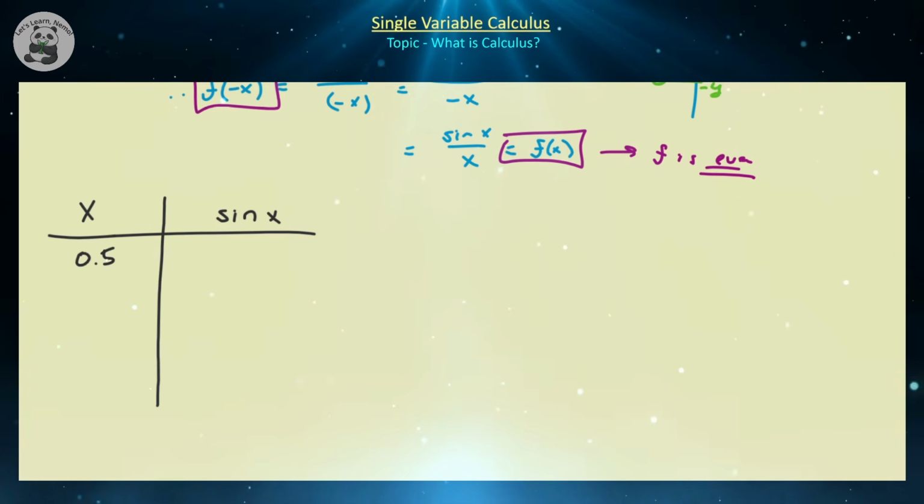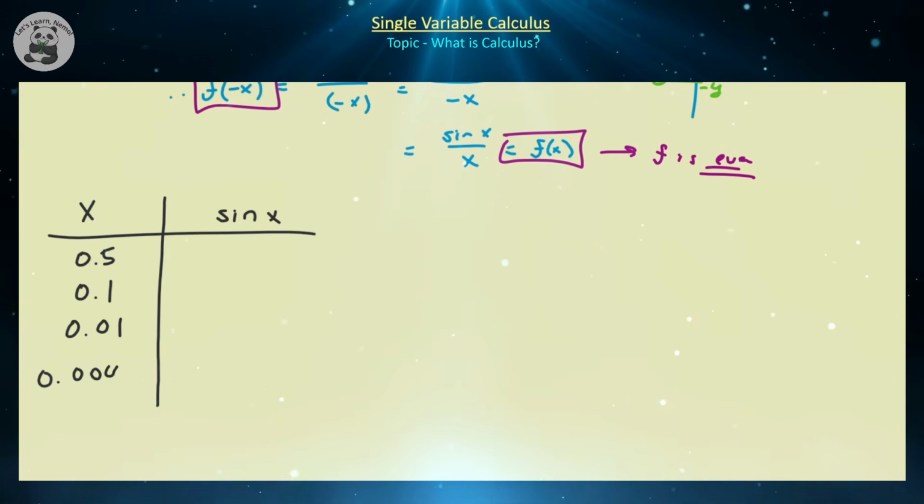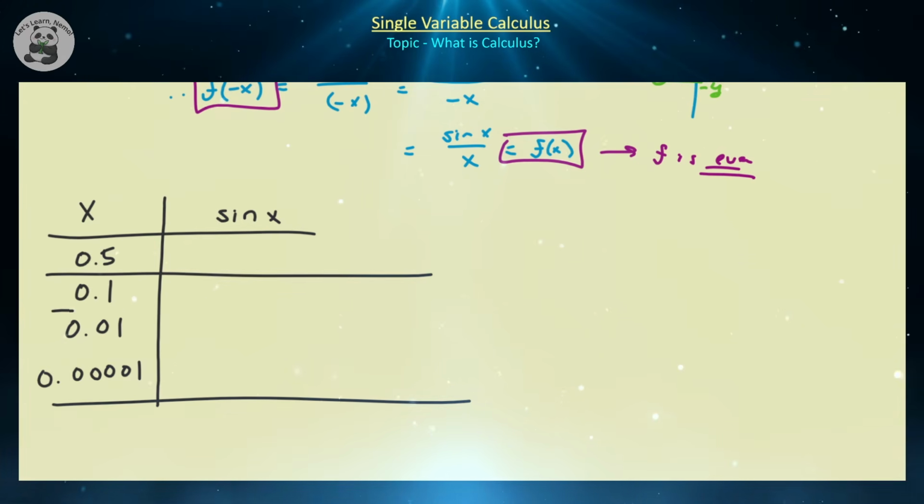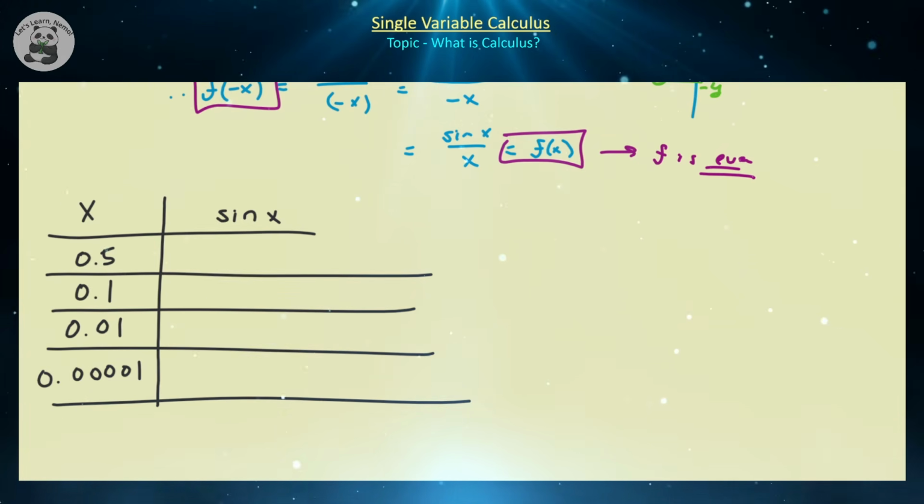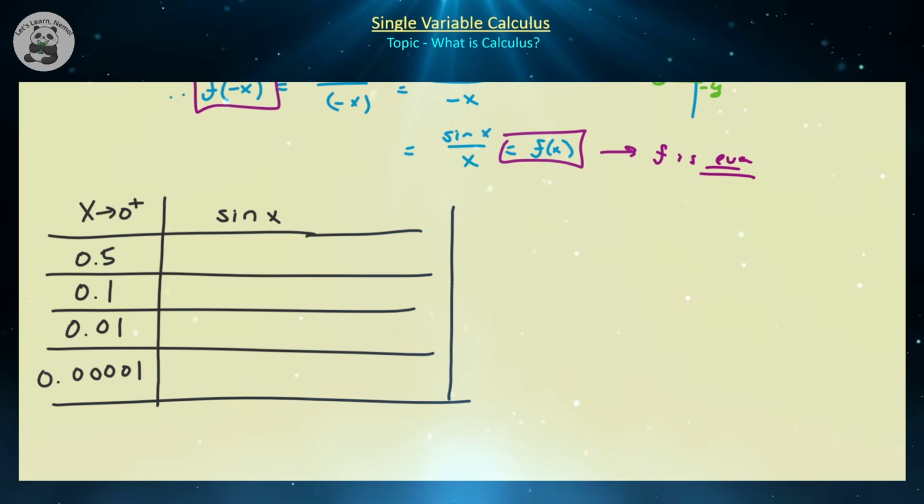In particular, let's choose 0.5, then 0.1, then let's get closer to 0.01, and then 0.001. As x gets closer and closer to 0 from the right-hand side, denoted by 0 plus, these values should be getting closer and closer to something. But what are they getting closer to?